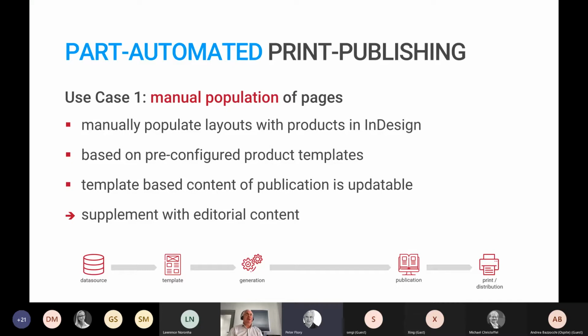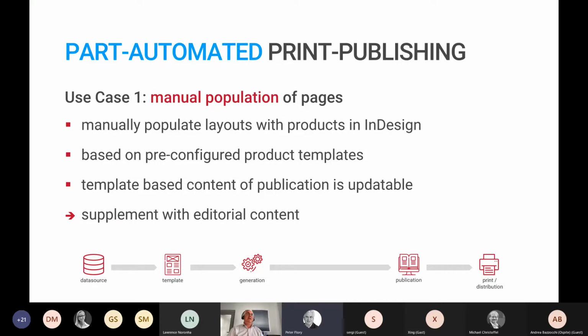In the InDesign plugin, you find all your products from your PIM system, and you can simply grab a product, drag and drop it onto the page, and the product will be automatically laid out based on whatever you define in your templates. And we'll talk about the templating a little later.